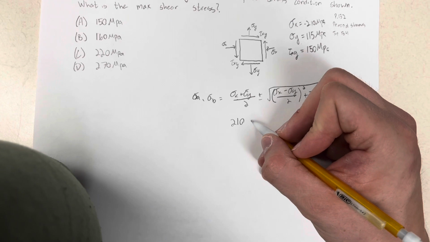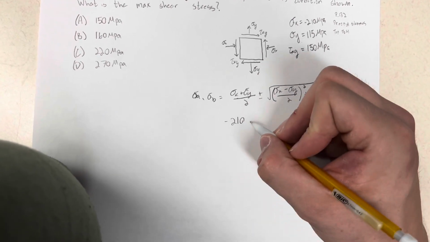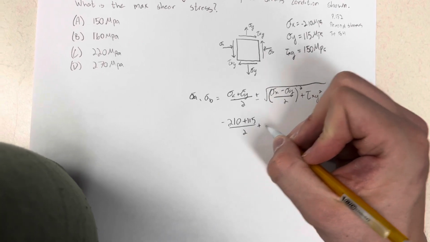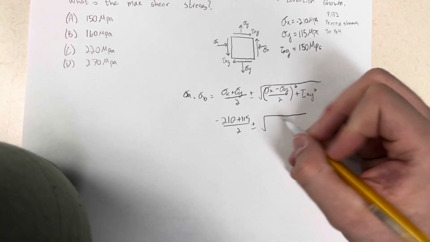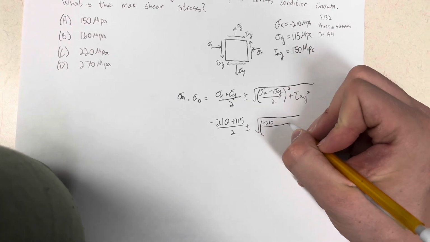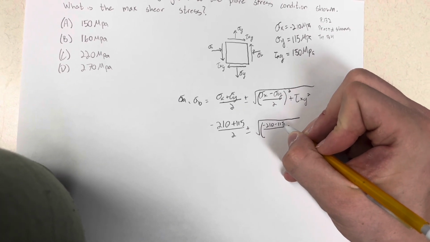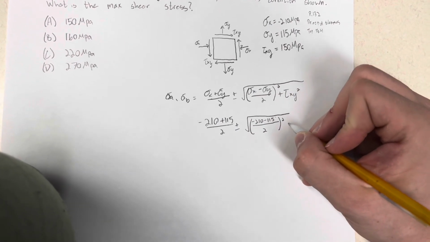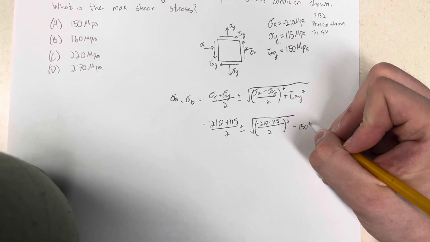Negative 210 plus 115 over 2, plus or minus, we've got to get the two values, the square root of negative 210 minus 115 squared over 2, plus 150 squared.